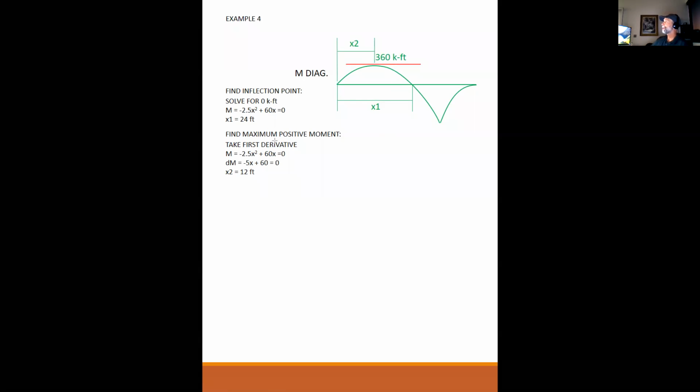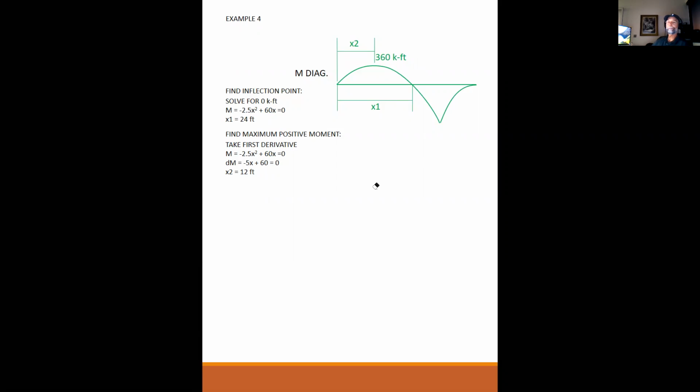So I took the equation and I took the first derivative, which is the equation for the slope, and I solved for where the slope is equal to 0, and I got the same point, 12 feet. Okay, does that make sense? Yes, thank you. Okay.